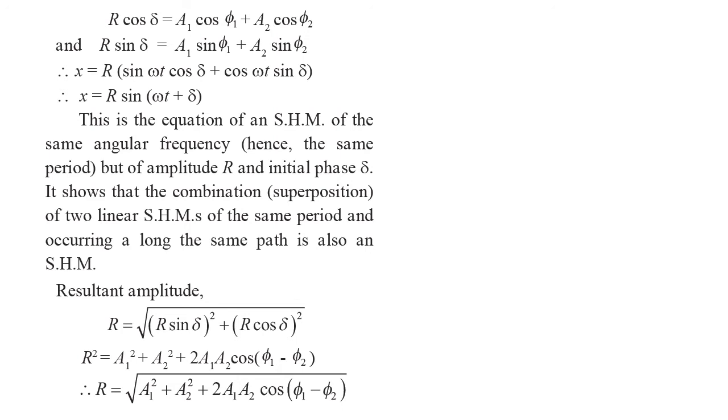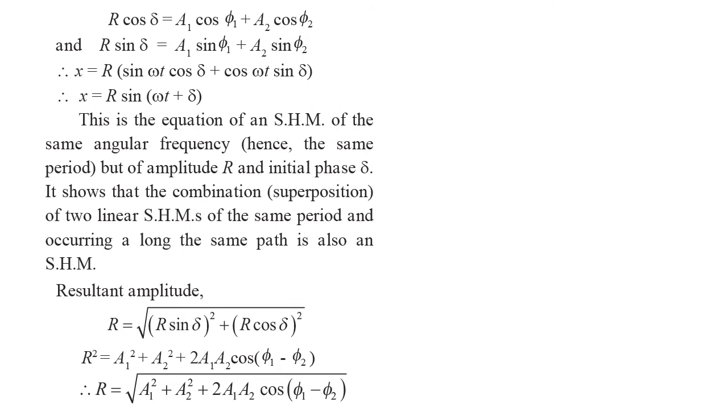So if I want the resultant amplitude, it will be r is equal to under root a1 square plus a2 square plus 2a1 a2 cosine of phi 1 minus phi 2.